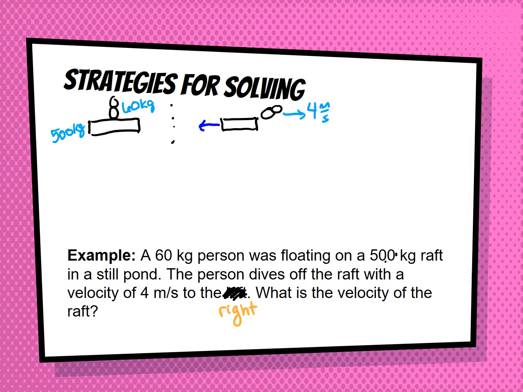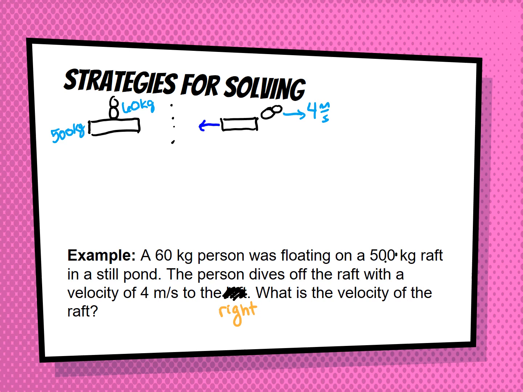My next question is, will the velocity of the raft be 4 meters per second, the same as the person, be greater than or faster than 4 meters per second, or will it be less than or slower than 4 meters per second? I'm not going to answer that question straight away. We're going to solve first.